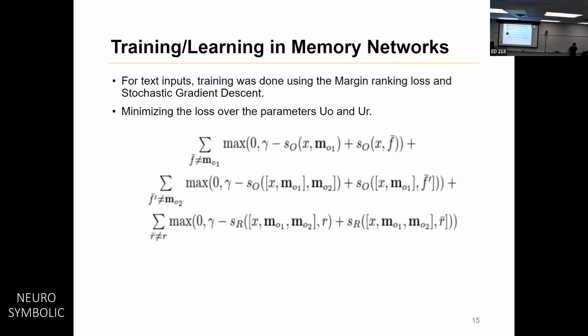Nothing really flashy about that. Just the thing about margin ranking loss is that it ranks certain memories according to their importance, and it sums over the memories which are not the correct result. Next slide, please.